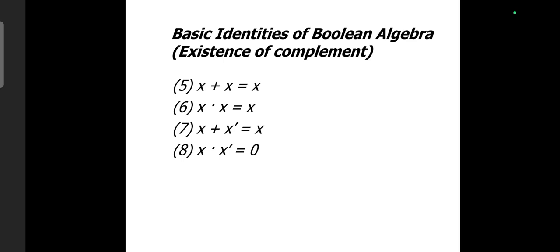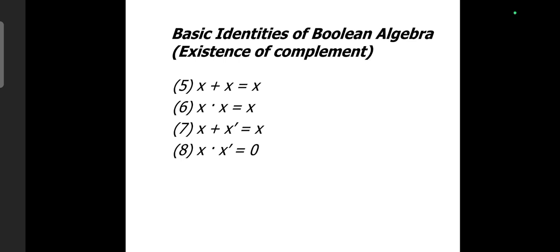So one of the most fundamental complement identities is x plus x prime equals 1. So in Boolean algebra, for our convenience, we are pronouncing the OR symbol as plus. So kindly follow this pronunciation rule to understand this lecture.